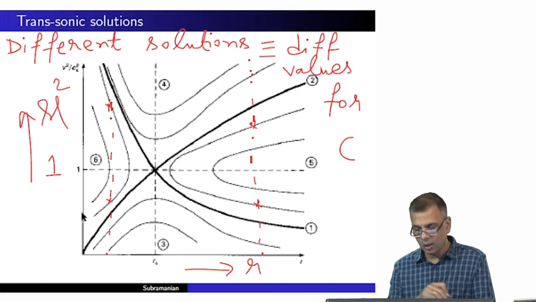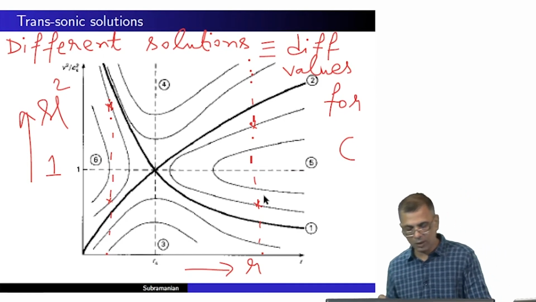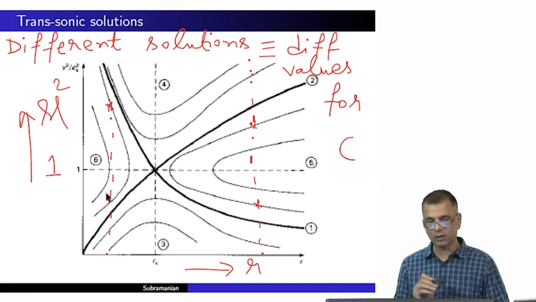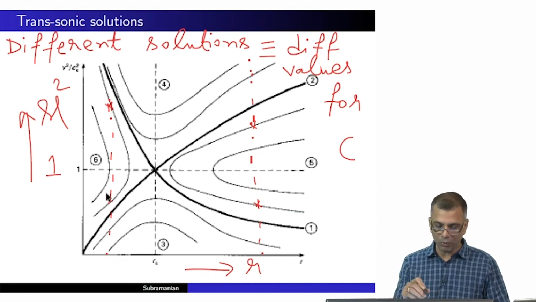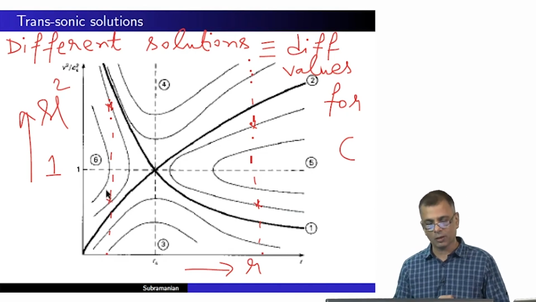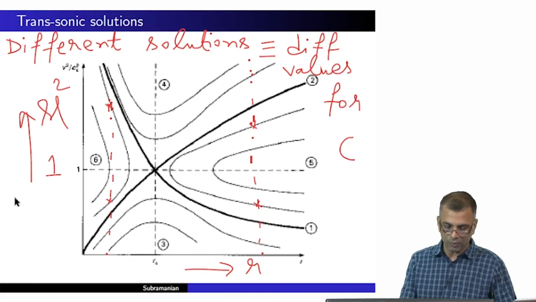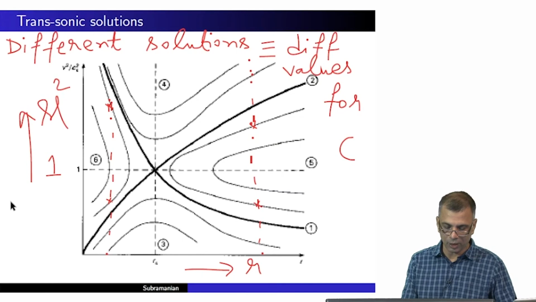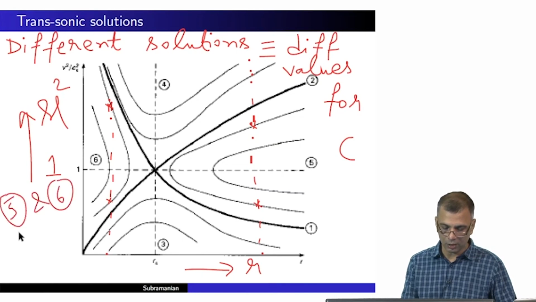In other words, solutions of the kind 5 and 6 predict 2 values for the Mach number, and that is clearly unphysical. So, solutions of the kind 5 and 6 are unphysical.